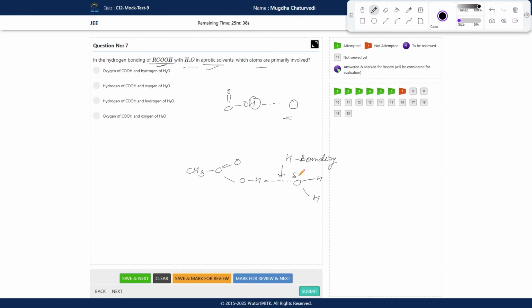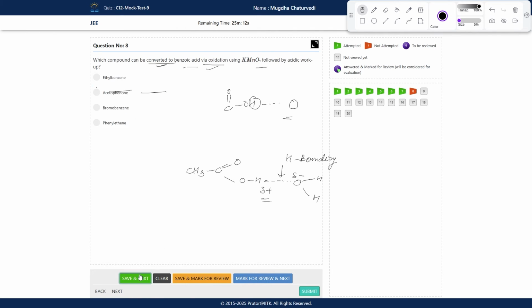This oxygen is partially negatively charged and this hydrogen is partially positively charged. So the correct option will be hydrogen of COOH and oxygen of H2O. In this case, the right answer will be the second one.